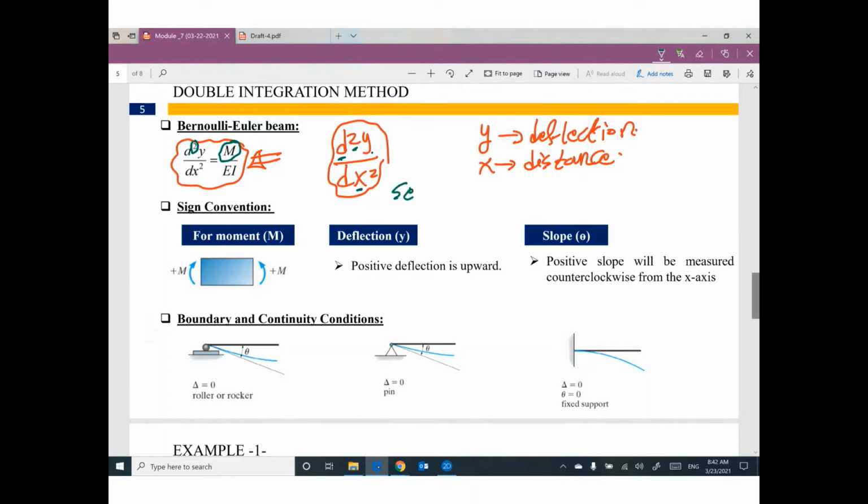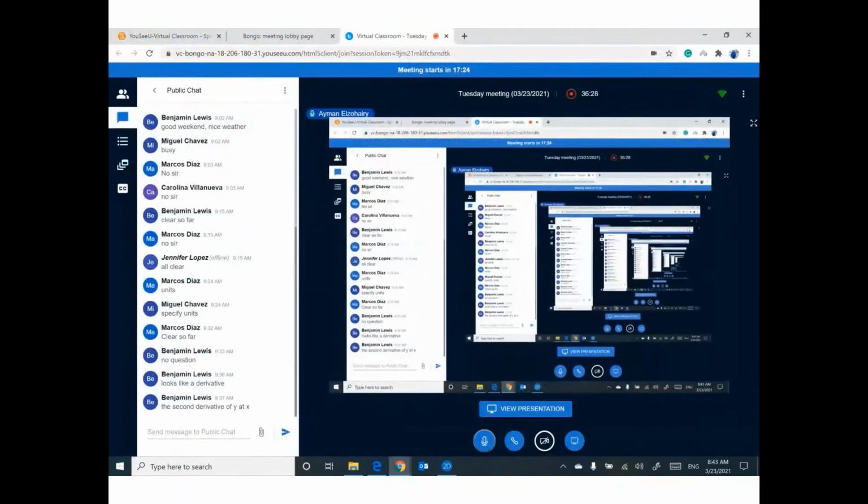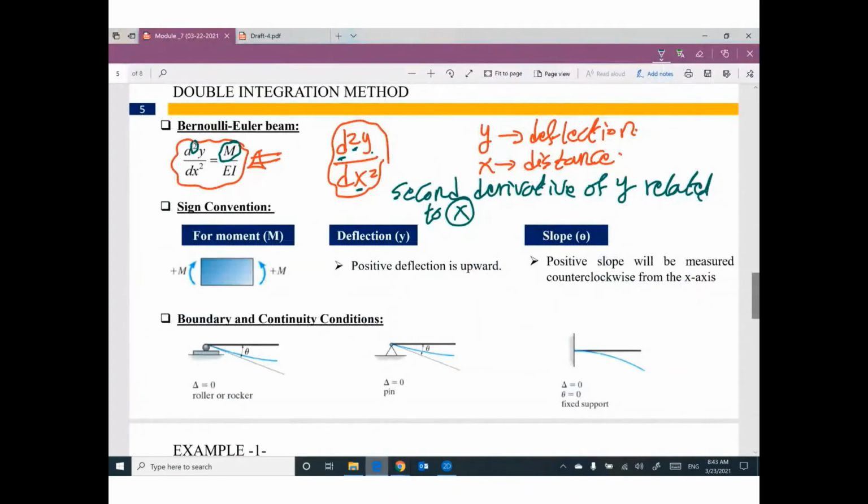Second derivative of y related to x. Any question? Thank you, Ben. I will talk about math.